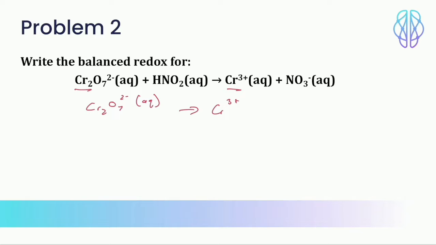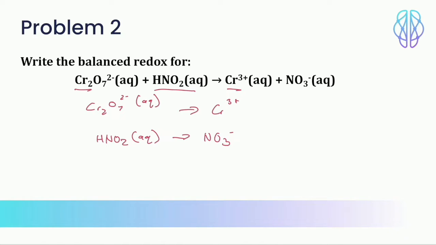On the other hand, our other half reaction is going to be our nitrous acid, and that's going to our nitrate ion. So what I'm doing, same as before with all the previous half reactions, is just following through a couple of our elements.